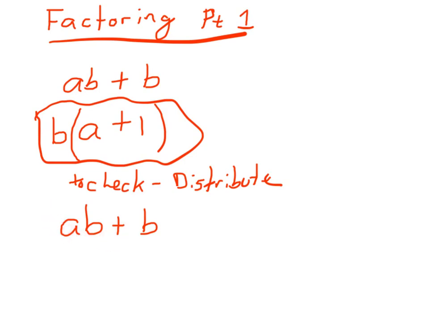Okay? So a slightly more complex example: 8ab squared plus 4a. Okay, so we still have the two parts. We have this part and we have this part. And we want to ask, what can we take out of both of those that would be similar?